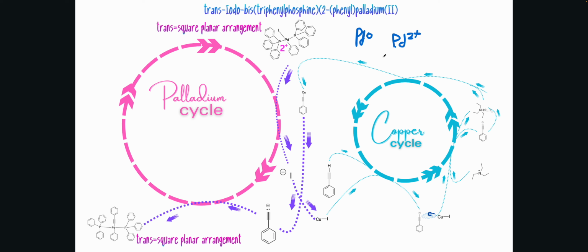And they are not the same in terms of reactivity. This is a super stable molecule, and this is also stable. It's not very unstable, but it's at least more reactive than this. So it's quite important that you understand that this palladium right here at this point in time is in its reactive state. Though not super reactive, it's reactive enough. So yeah, it's in its reactive state, the 2 plus.